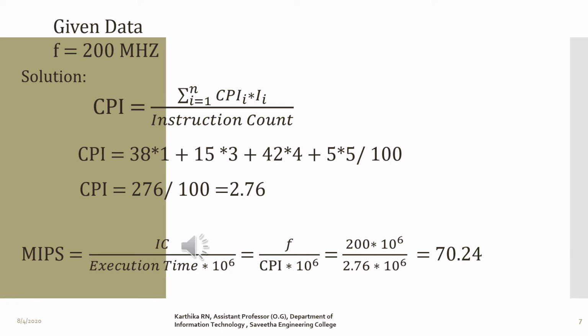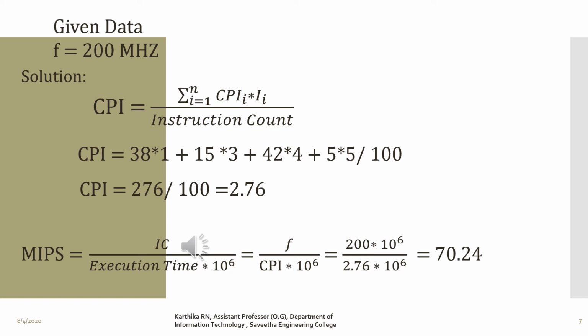Here the instruction count is nothing but the percentage of occurrence. We have 38, 15, 42, 5, which if you add, gives an instruction count of 100. After calculating, CPI is 276 divided by 100, which is equal to 2.76. Now your CPI is 2.76.